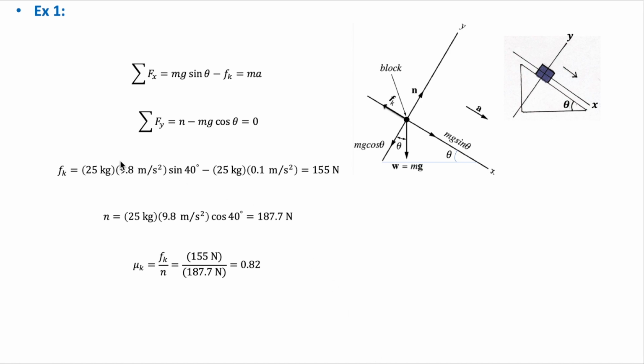So if we substitute for the mass, the angle, and also the acceleration, we get the kinetic frictional force is equal to 155 newtons, and the normal force is equal to 187.7 newtons, okay? And from this, we can find the coefficient of kinetic friction, and it is equal to 0.82.